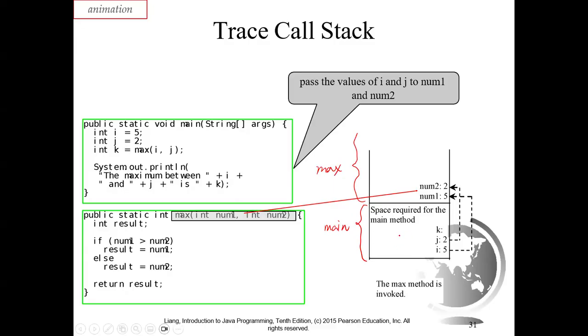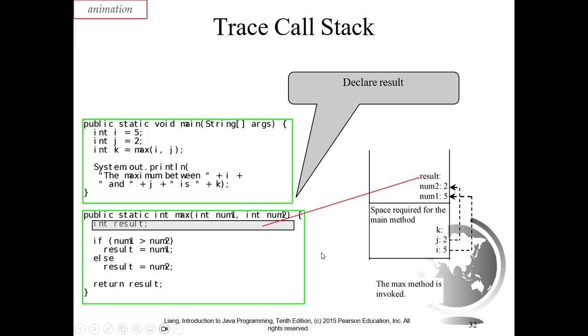And as we have shown in the previous slide, these are the actual arguments, and the actual arguments will pass to the formal arguments. So that means 5 is assigned to number 1 and 2 is assigned to number 2 here.